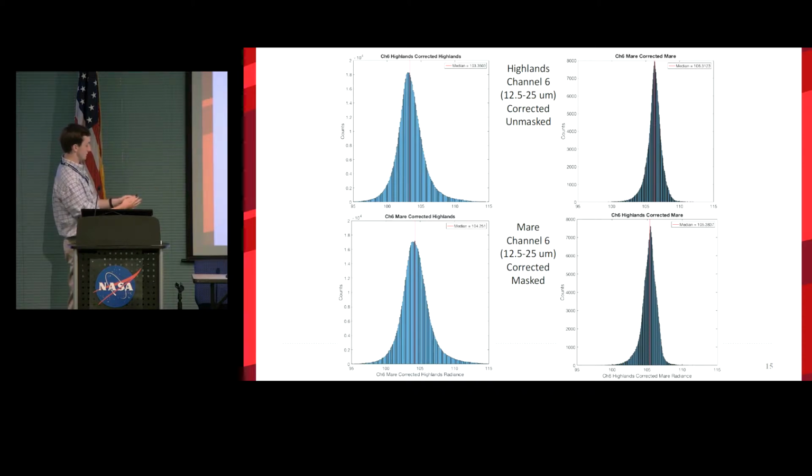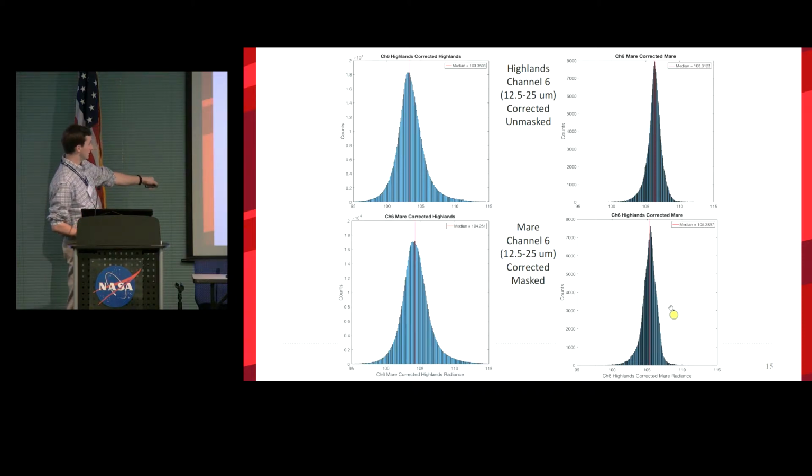The mode in the Mare is right on top of the median in the properly masked data, and in the unmasked data the median is slightly off from the mode, so that shows that I am choosing the right mask.